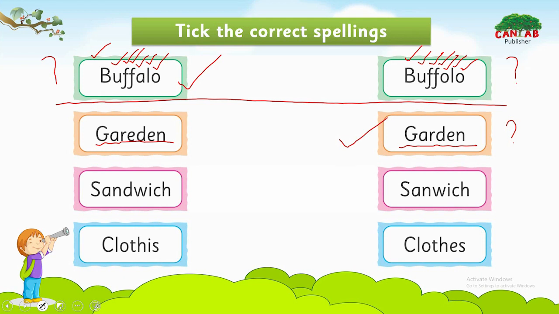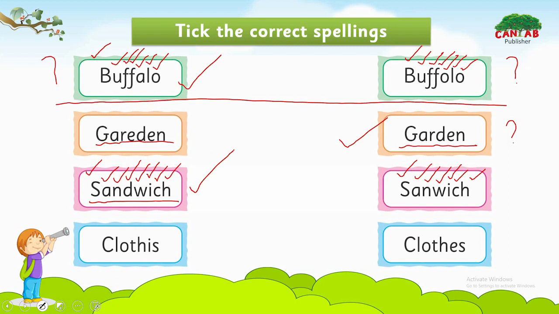The third one is S-A-N-D-W-I-C-H. So this is sandwich. And the second option is S-A-N-W-I-C-H. That is sanwich. So the first one is the right answer.